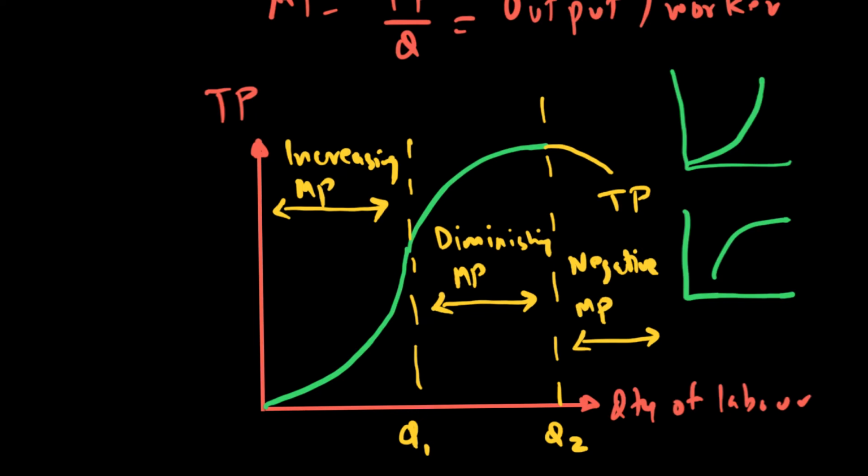So let's talk about these three zones. Well, increasing MP is simply the idea that when you are hiring more and more of your labor in the first few units of labor, they are doing two things better.